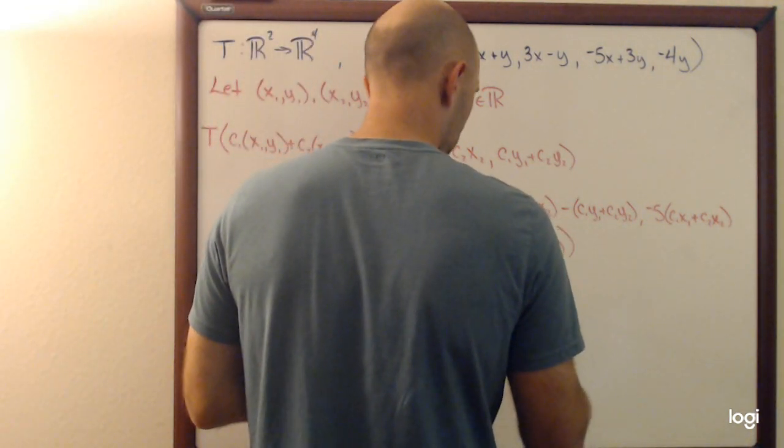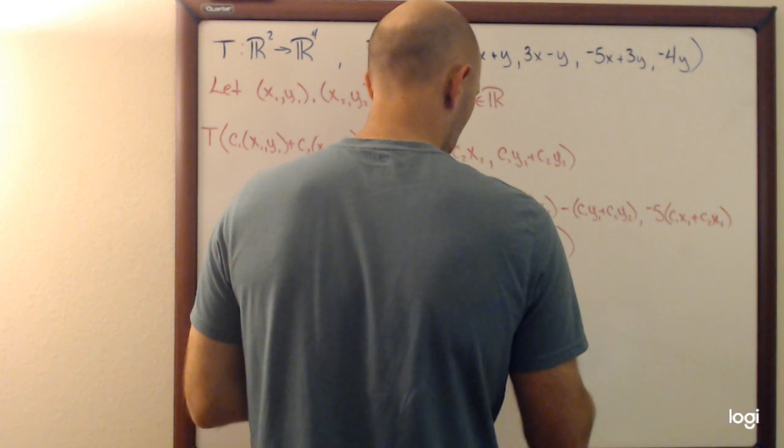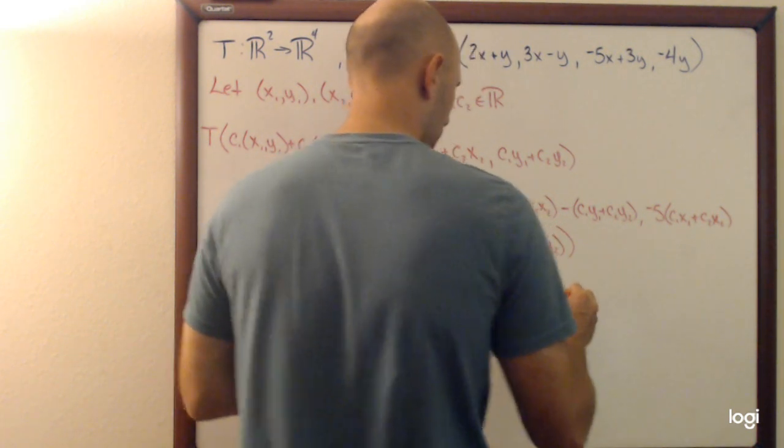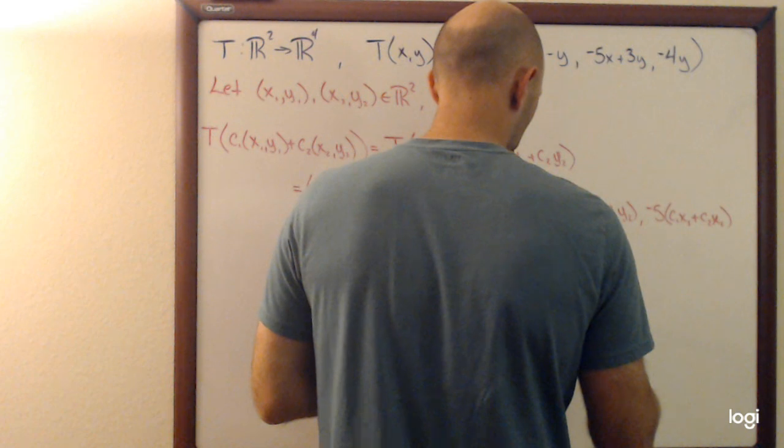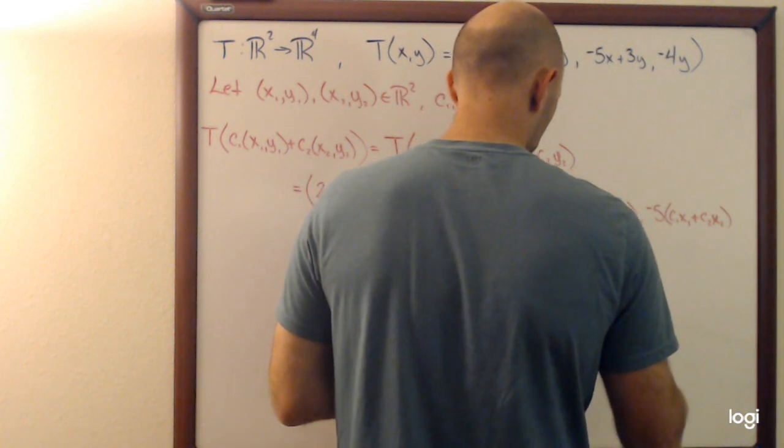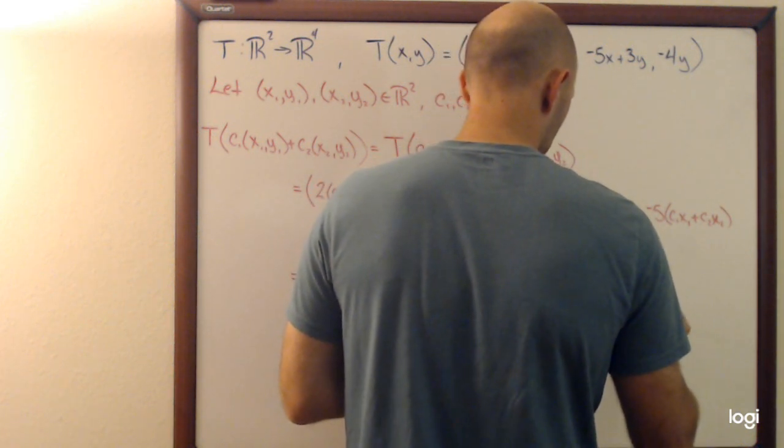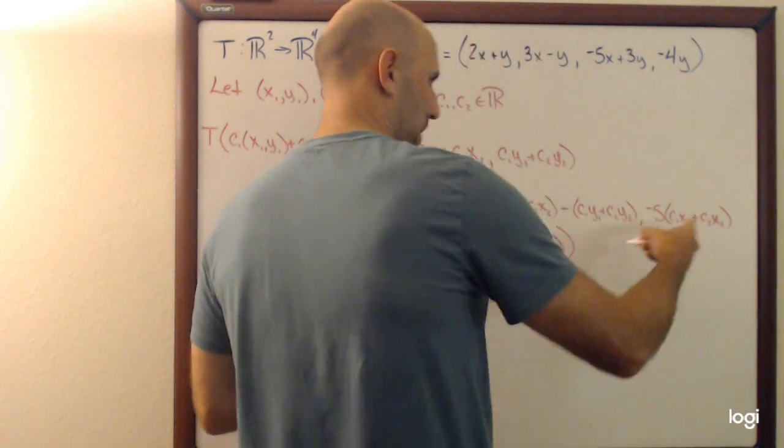3c1 x1 minus c1 y1 plus 3c2 x2 minus c2 y2, comma, same thing here.